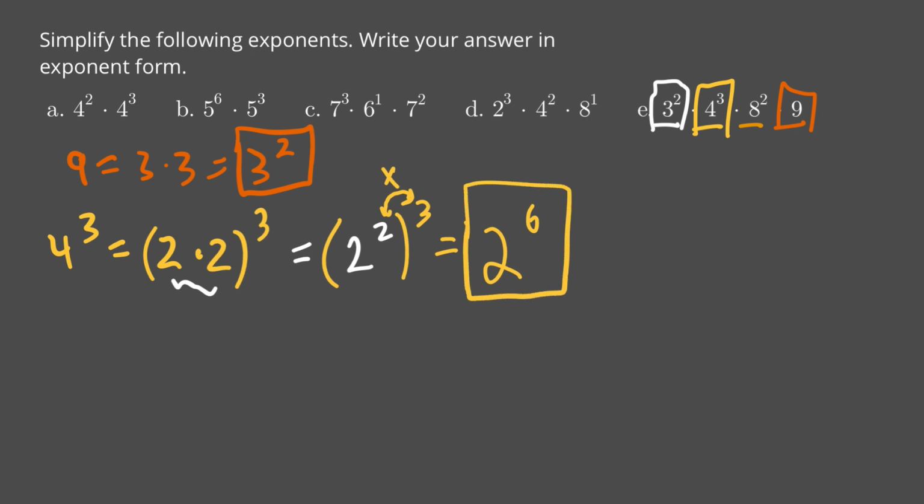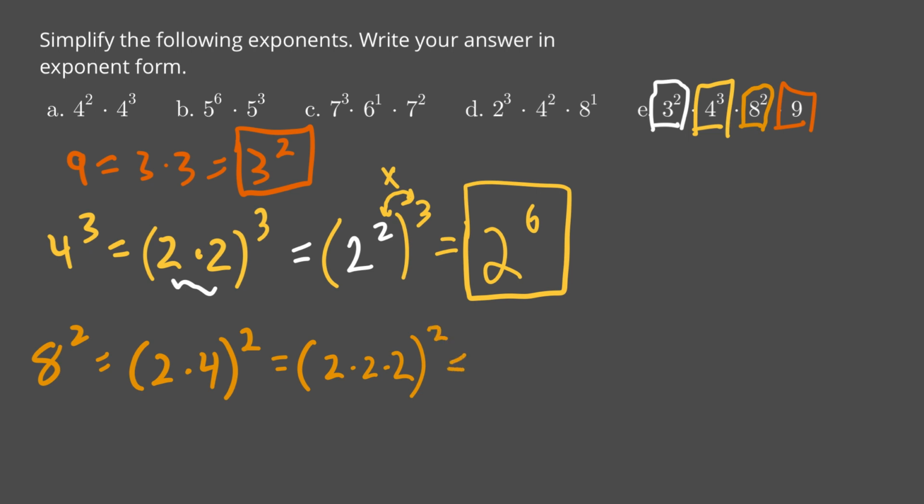Okay, and now let's look at 8 to the power of 2. If you want, go ahead and pause this video and try to simplify this one part on your own. Okay, for the solution, we have 8 squared, which we can break down as 2 times 4, all to the power of 2, which we can break down again into 2 times 2 times 2, all to the power of 2.